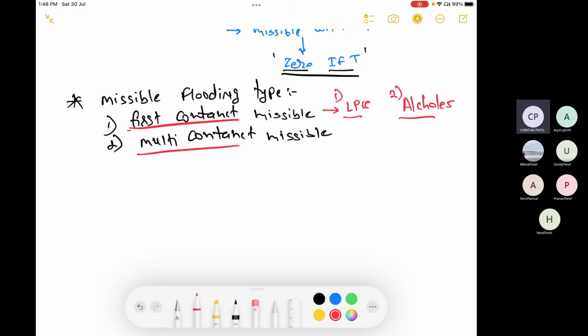Next one is multi-contact miscible. Multi-contact miscible is further divided into two other types. The first one is vaporization drive, and the second one is condensate drive.